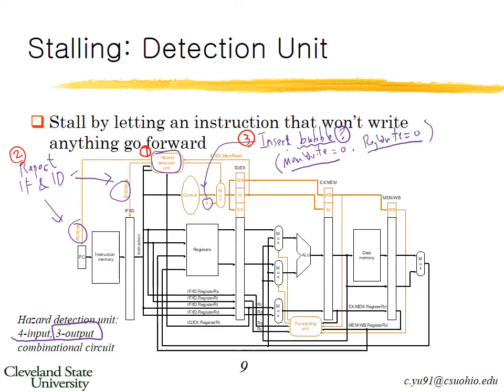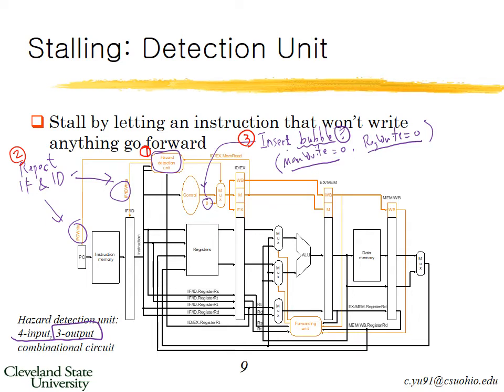That means the instruction fetch stage and instruction decode stage simply repeat the same instruction again. And number 3, when the hazard detection unit detects the case, it will pass the 0 control signals to the next stage, including mem write being 0 and register write being 0, which means the register is not getting updated and memory is not getting updated.